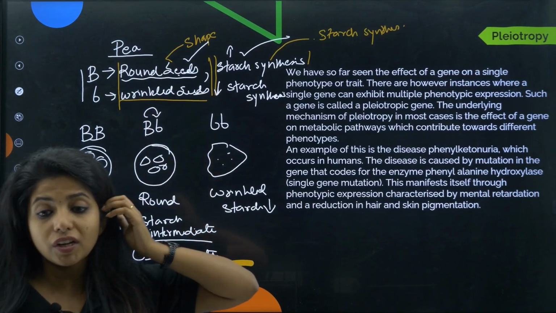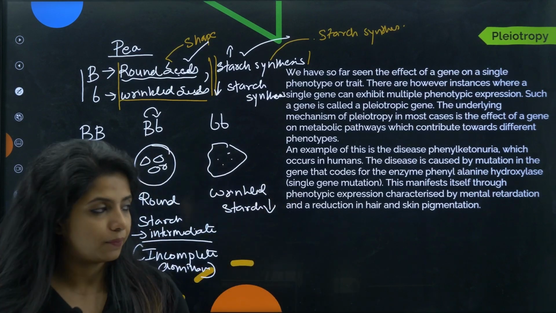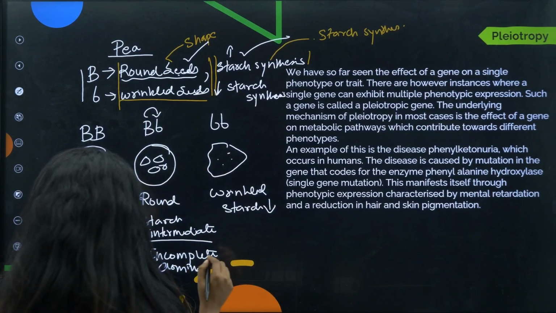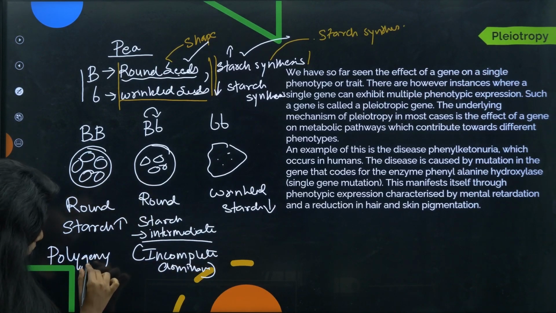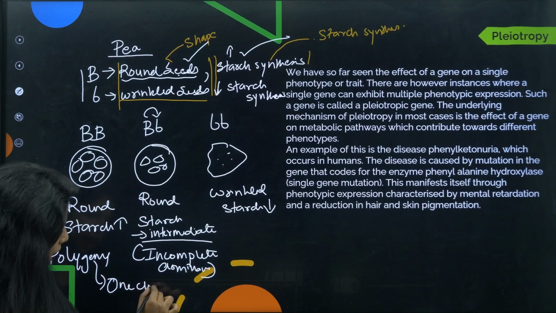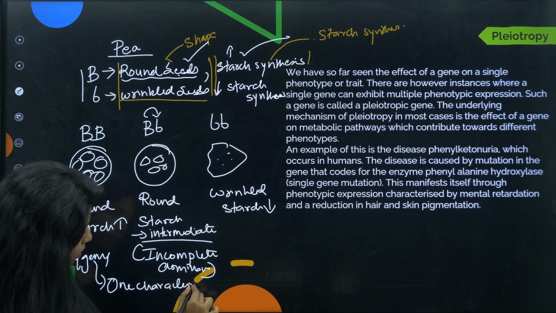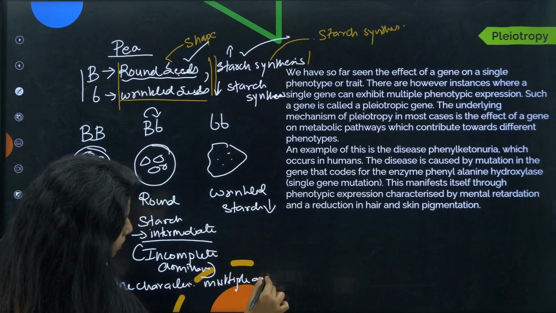So, over here in polygenic, what was it? There are multiple genes for one trait. So, polygeny means, I write over here, polygeny, when you spoke about that, it was one character, multiple genes.